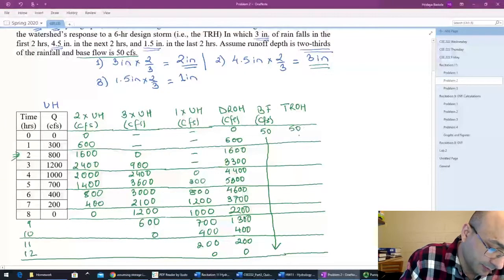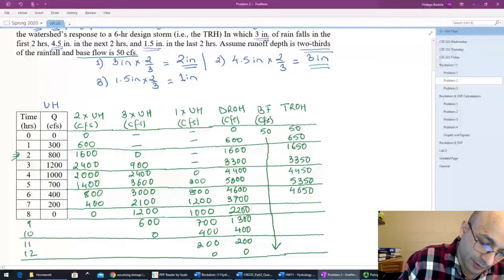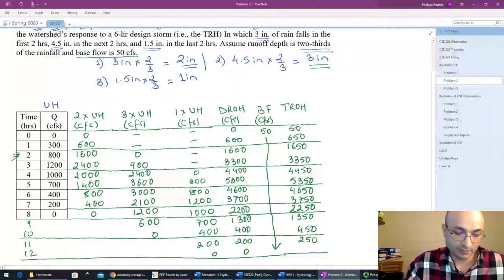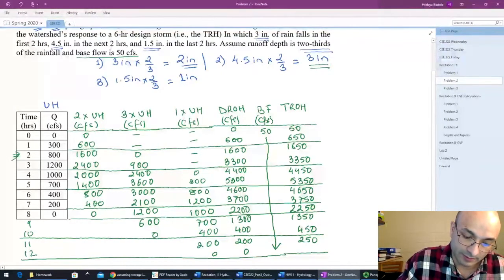So 50 for time 0, 650, 1650, 3350, 4450, 5350, 4650, 3750, 2250, 1350, 450, 250, and when the effect of those storm events wane, you're only left with base flow again.